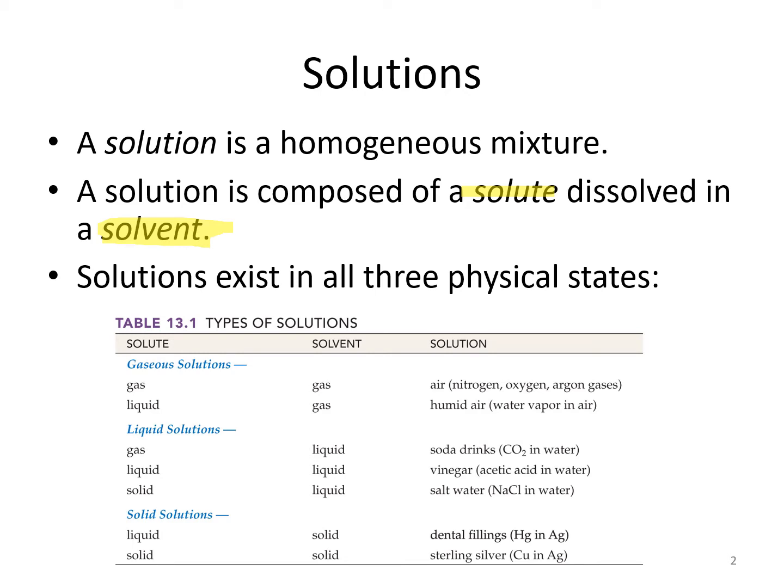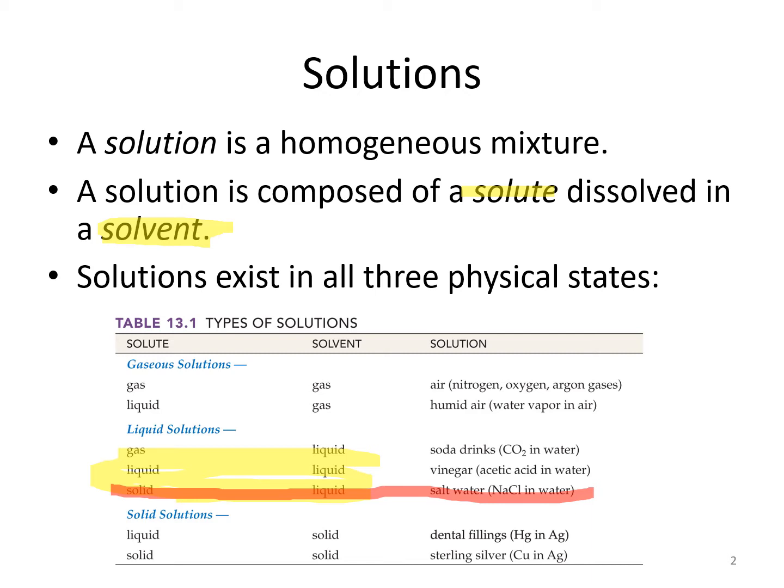So the most common types of solutions that we're going to talk about are the liquid solutions, gas in a liquid and a solid in a liquid, with the focus being on the solid dissolved in a liquid. These are the bulk majority of the solutions that we work with or have worked with in the lab, and the majority of solutions that you will see in your future chemistry classes.